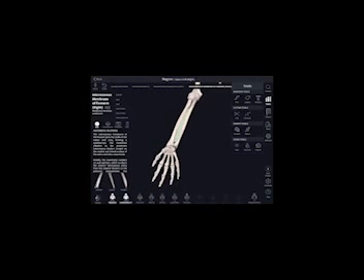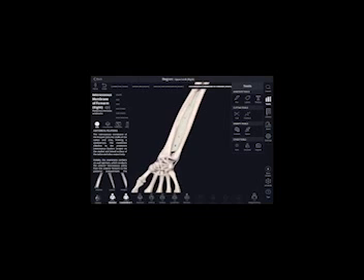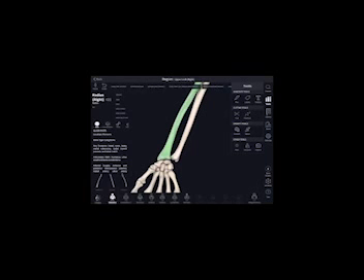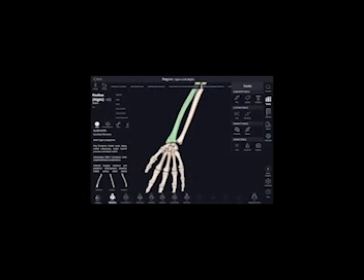Okay, so moving on to the distal end of the radius and ulna, notice how the radius has now become much wider. So here's the radius, right? Because it's on the thumb side, on the lateral side, and then here's the ulna. In the elbow, the ulna had this big hook, the olecranon in the back, and it was much bigger compared to the radial head, but that relationship is reversed here.